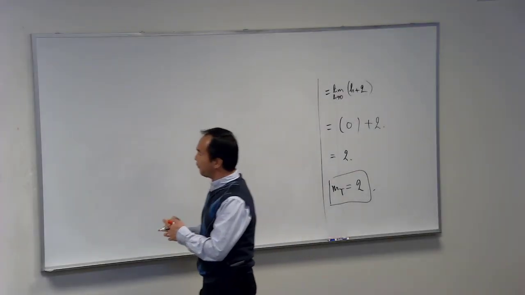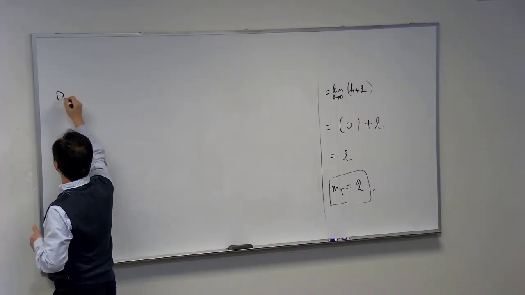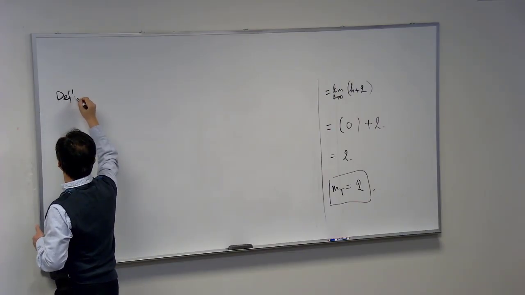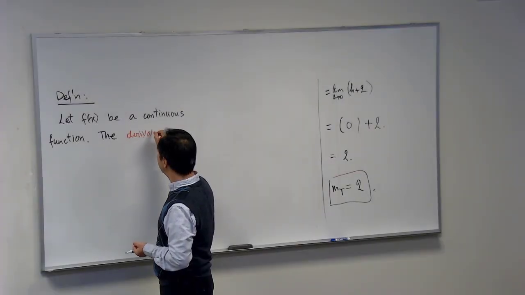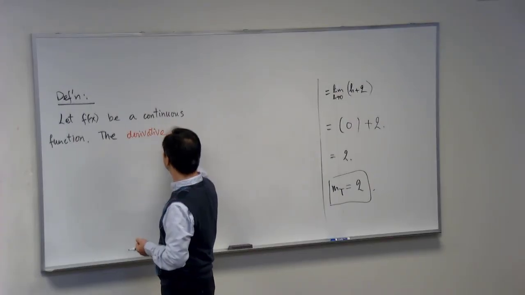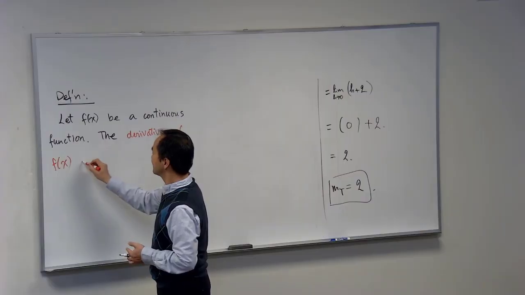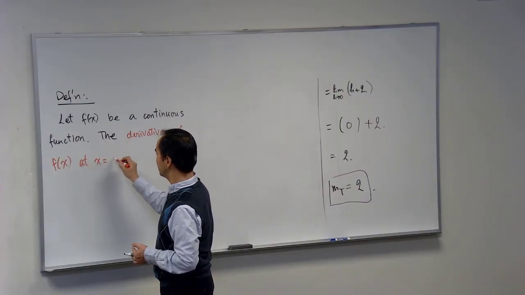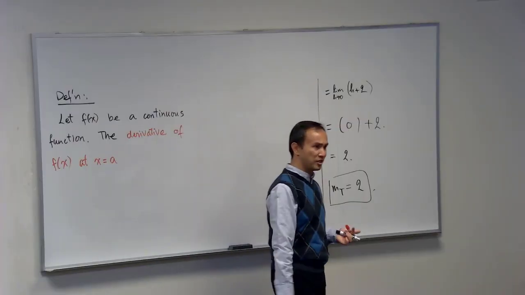So now we have a formal definition. The derivative of f of x at x equals a. At a given point, the derivative, so that's the new term I'm also introducing.